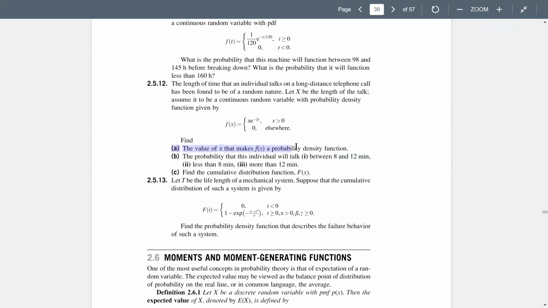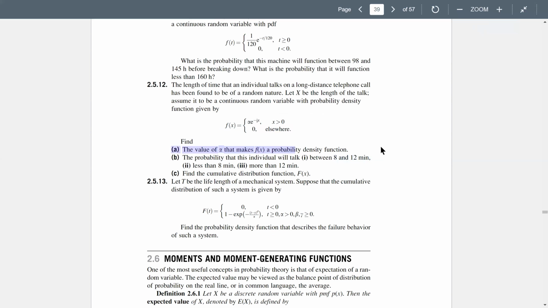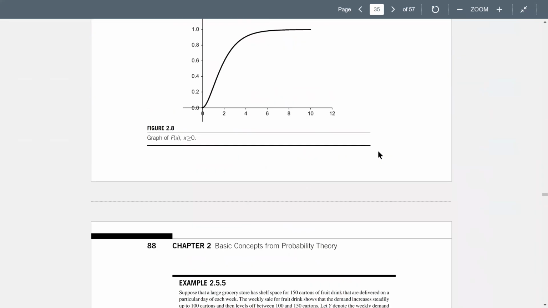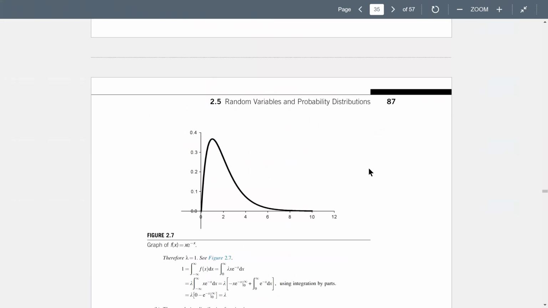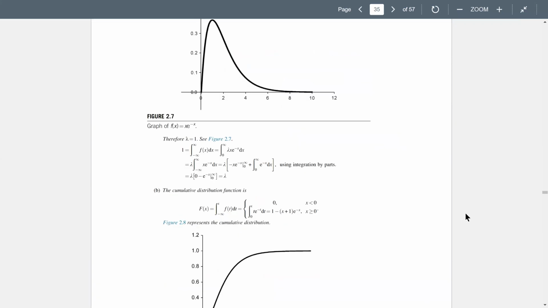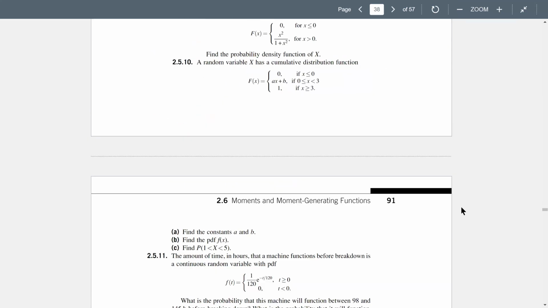Why? Because we saw this formula, right? All the area under the curve has to be 1 if that has to be a PDF function. Okay, all right, so that should be clear.